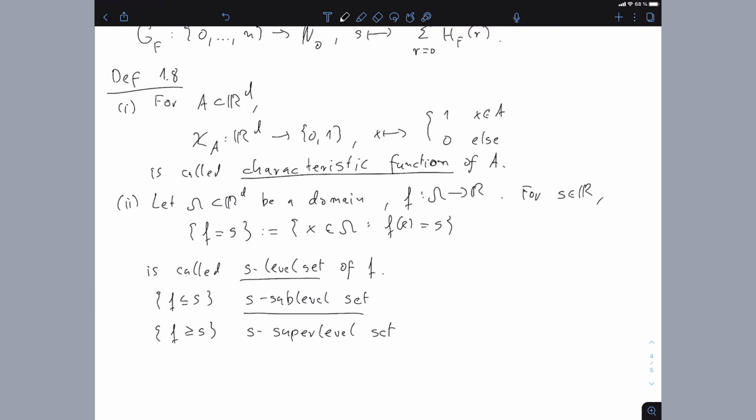Yeah, and let's try to make a picture. So let's say our function looks somewhat like this.